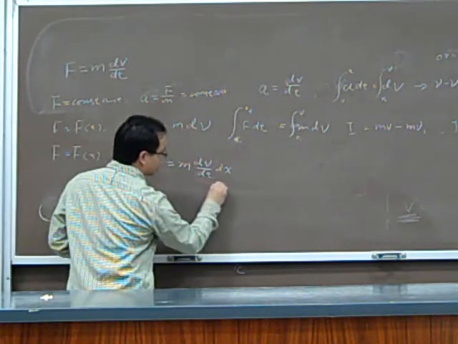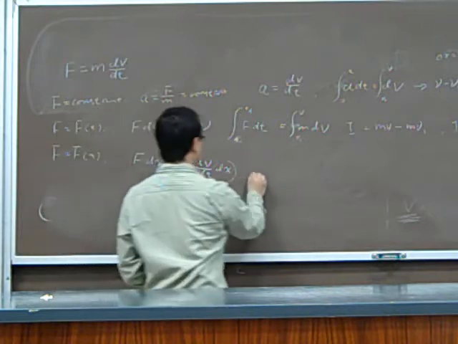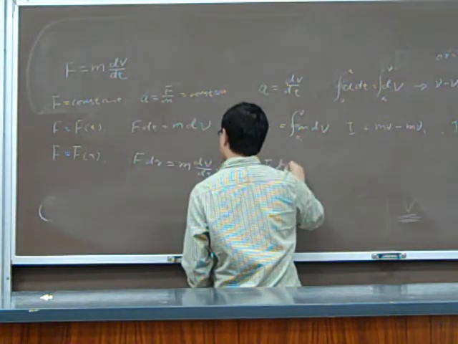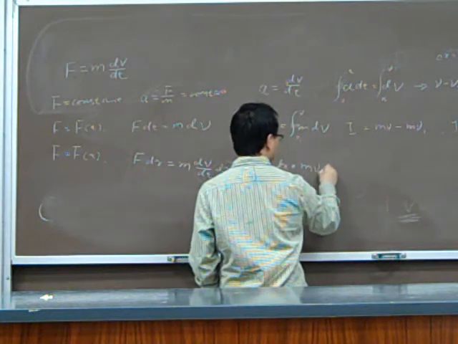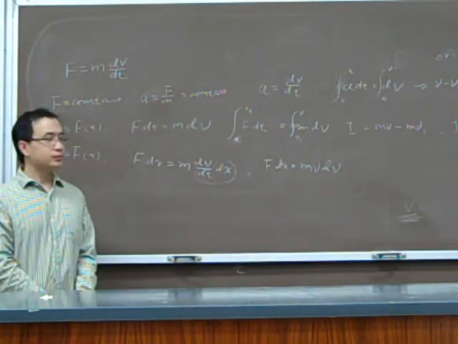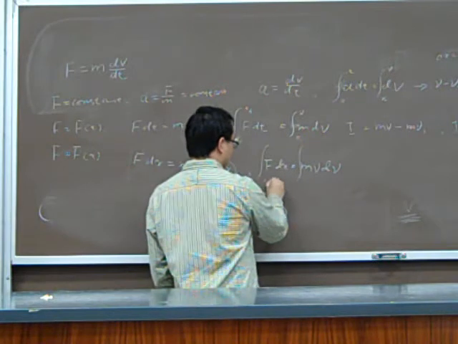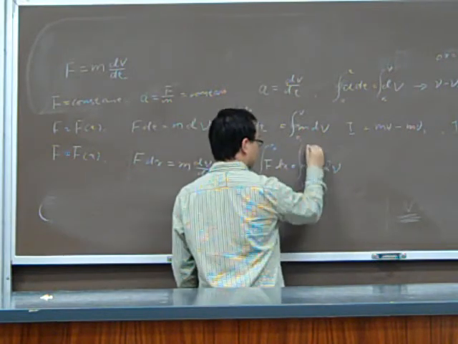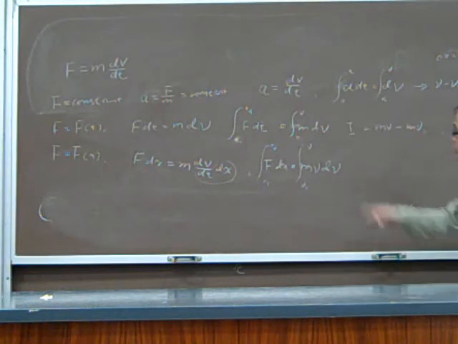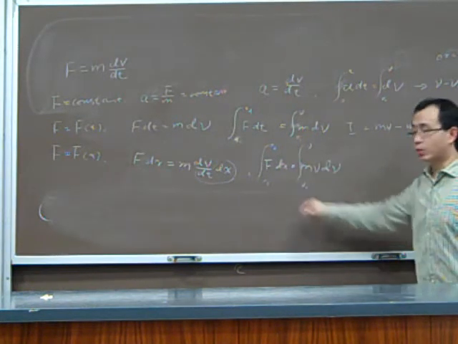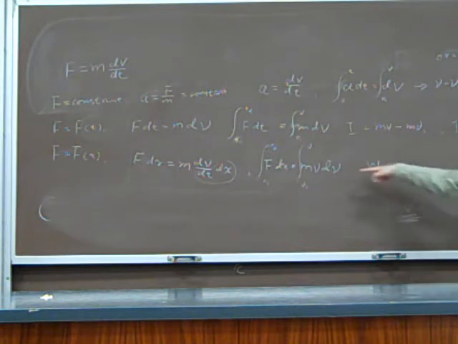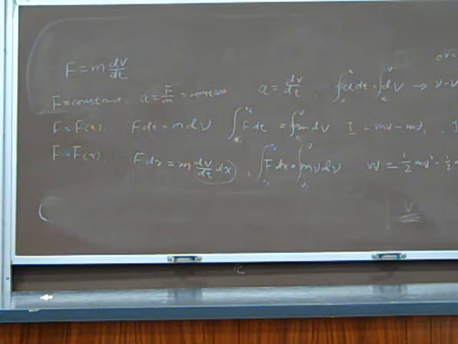And since dx/dt is v, it becomes F dx = mv dv. Then you integrate both sides, from initial position to final position on one side, and from initial velocity to final velocity on the other. The left-hand side we call work, that's the definition of work. So W = 1/2 mv² minus 1/2 mv₀². We call this the work-energy theorem: W_net = ΔK, right?